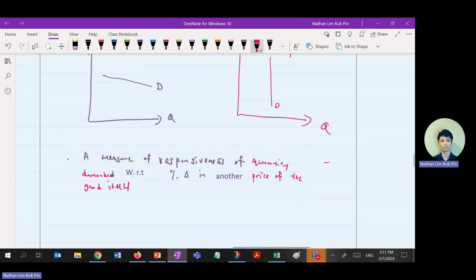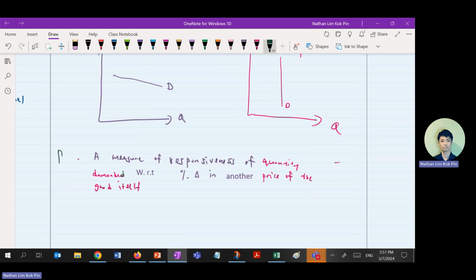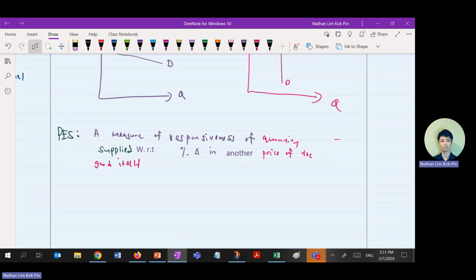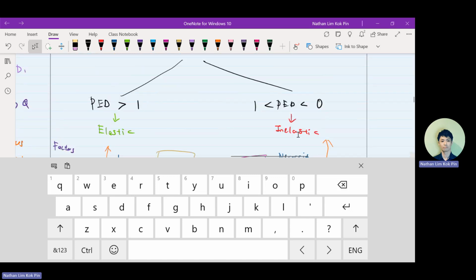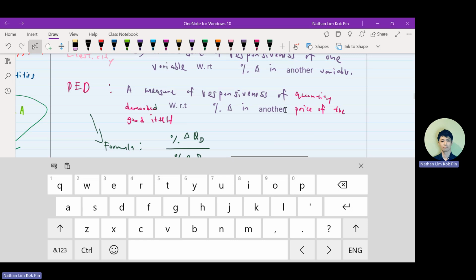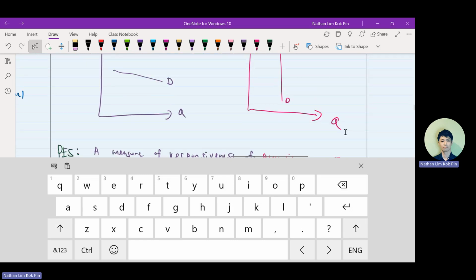If I want to write this PES, it will be a measure of responsiveness of quantity supplied with respect to a percentage change in the price of the good itself. So there's no "another" here, because just now I used another variable, right? Okay, the price of the good itself.